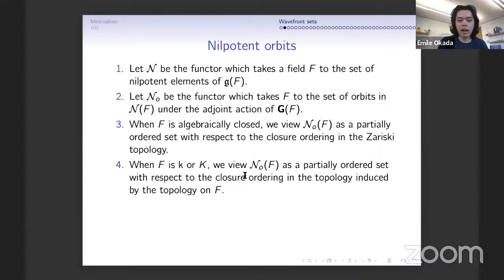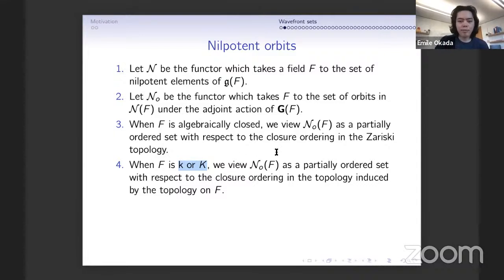When F is either the p-adic field or the maximal unramified extension, we want to view it as a partially ordered set with respect to the closure ordering again, but the topology is the one induced from the topology on K or capital K. So these have a p-adic topology, and that gives the Lie algebra a p-adic topology as well.